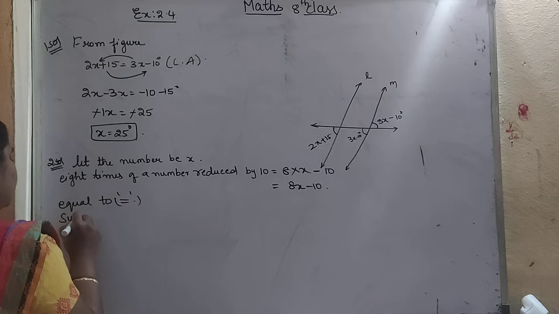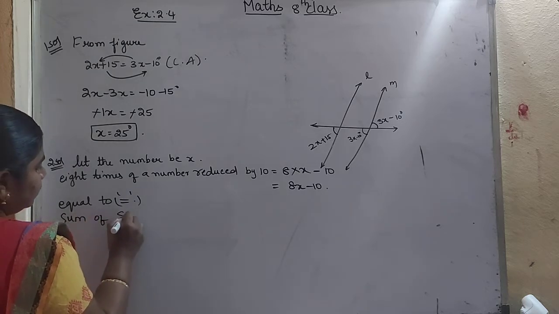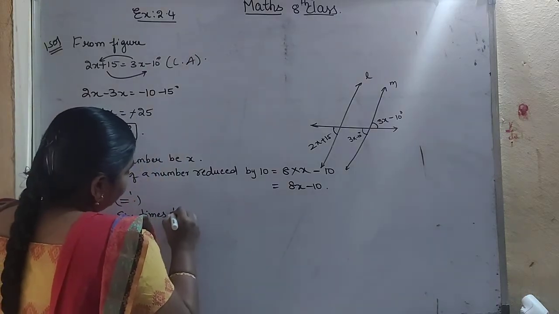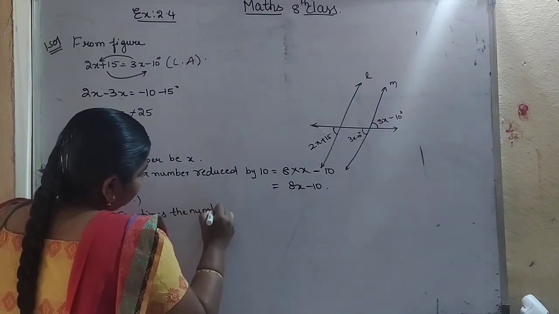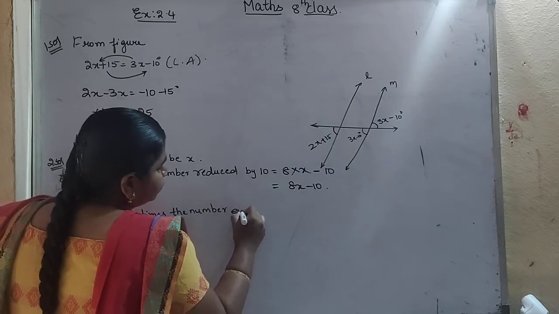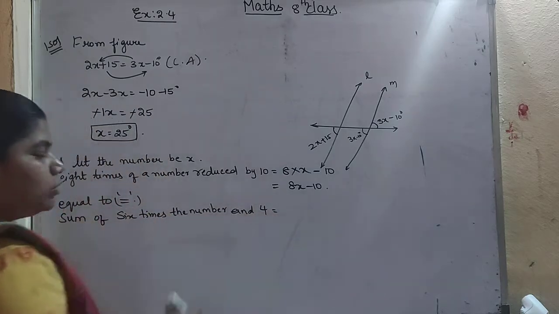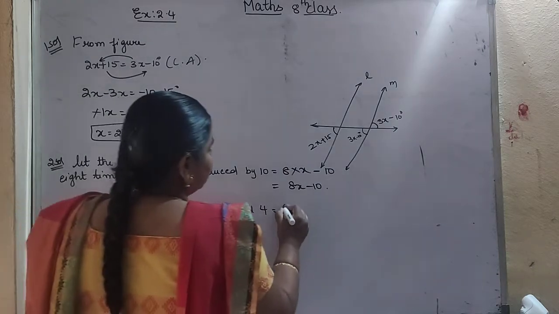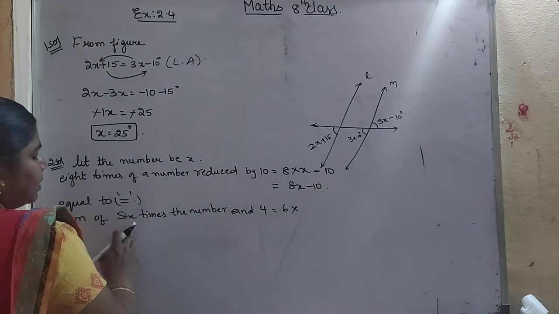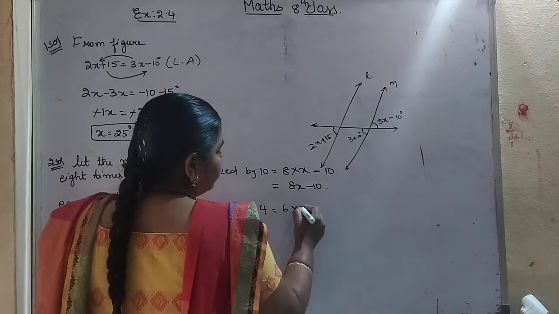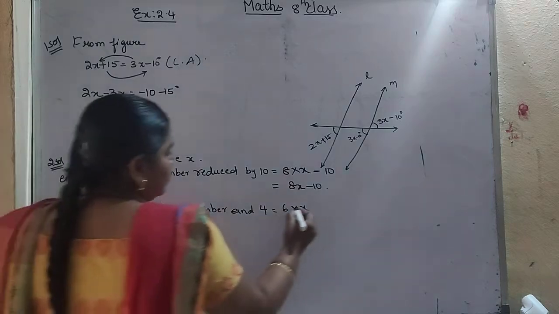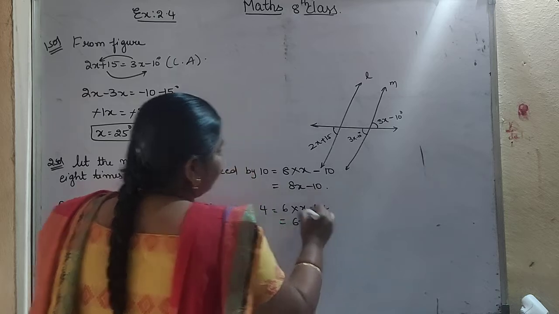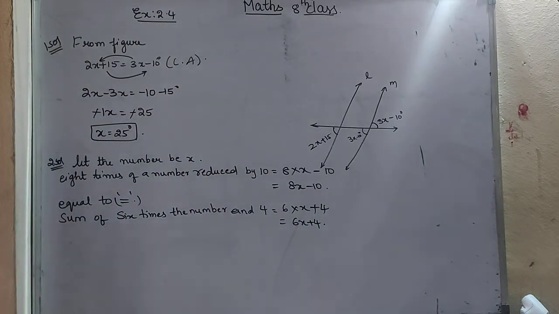So this sentence also we have to convert into expression. 6 times is nothing but 6 into number. 6 times the number means 6 into x. Sum is nothing but addition, and by 4. So what is the next expression? 6x plus 4. Now we have to solve these two, so you will get the x value.